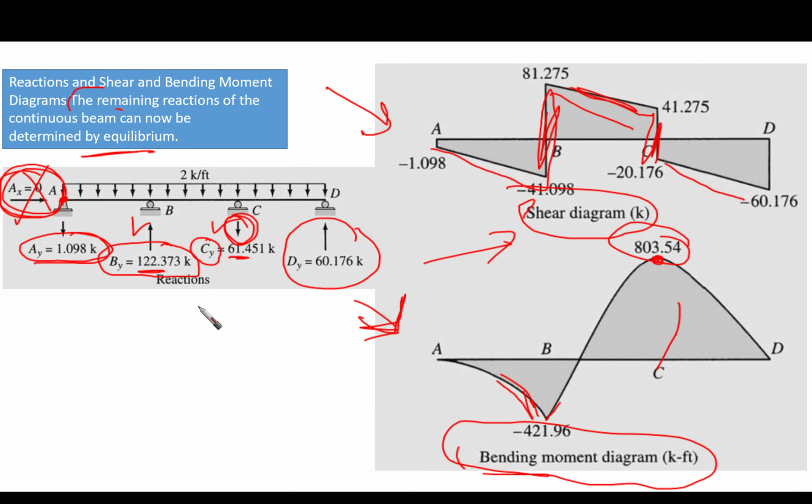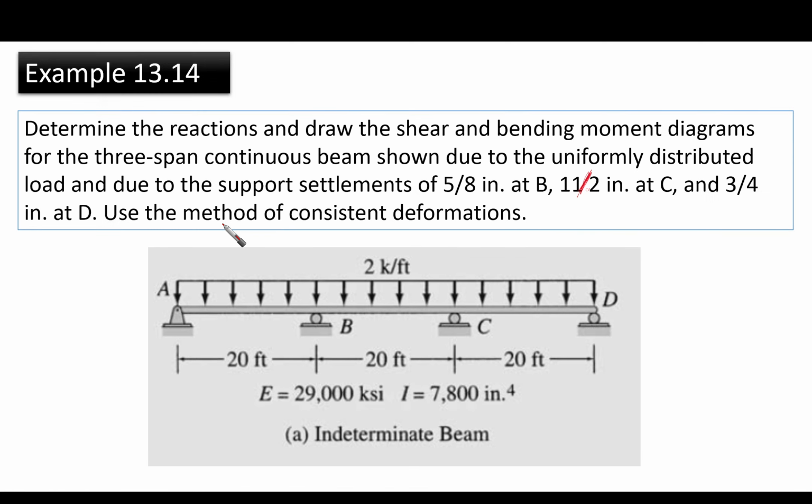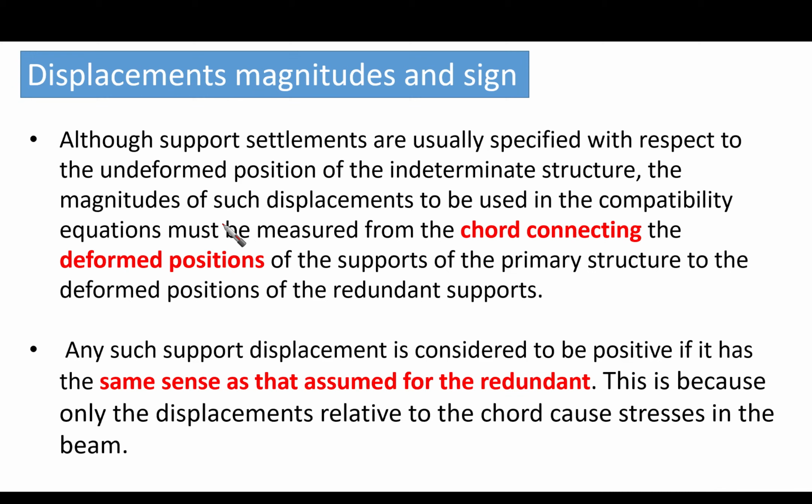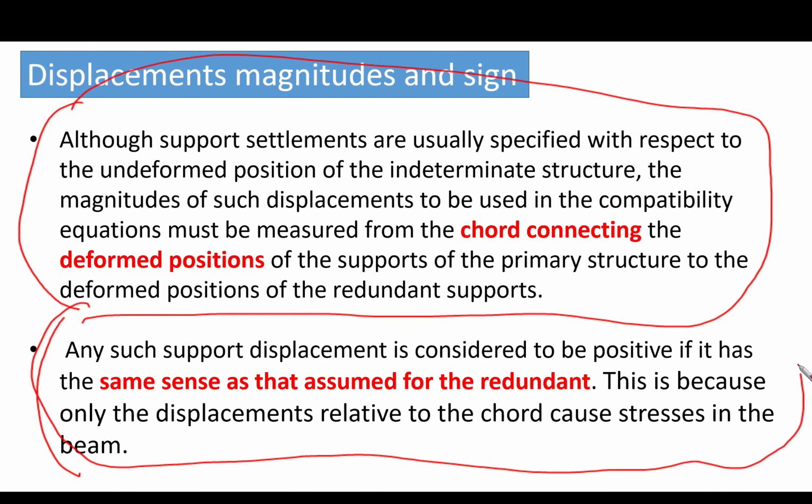But now I need to confirm and place emphasis on our main idea for using the support settlement. Please remember well these two important hints that I have mentioned here. They are very important for obtaining the right answer at the end.